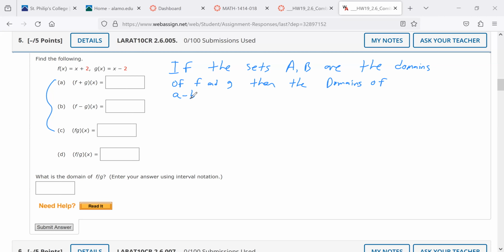I'm sorry, A through C, is A intersected with B.